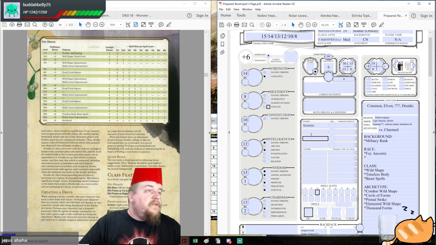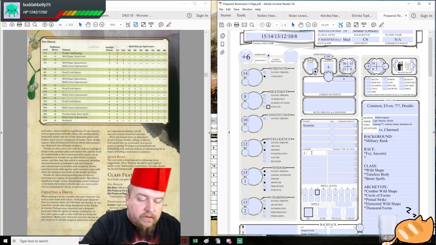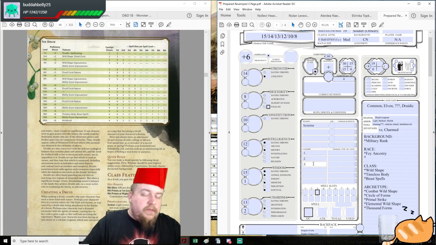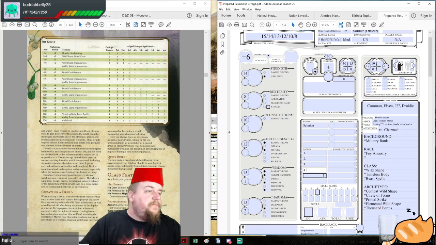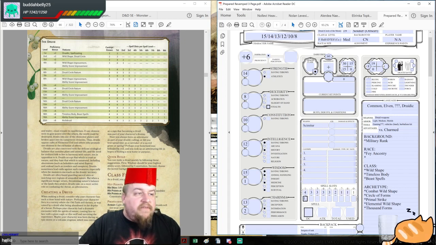We are going to know 4 cantrips: 1, 2, 3, 4. There's our placeholders. Our spell slots are going to be 4, 3, 3, 3, 3, 2, 1, 1, and the coveted 9th level spell.